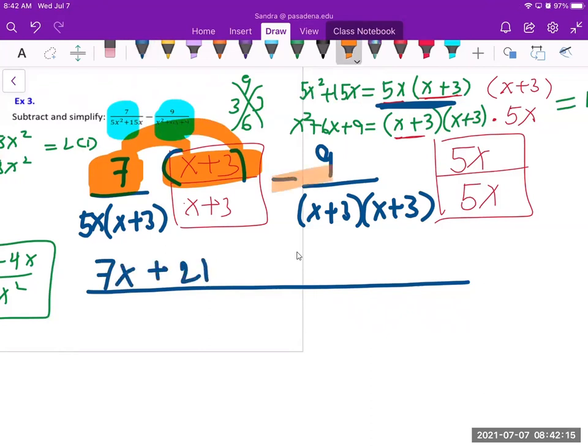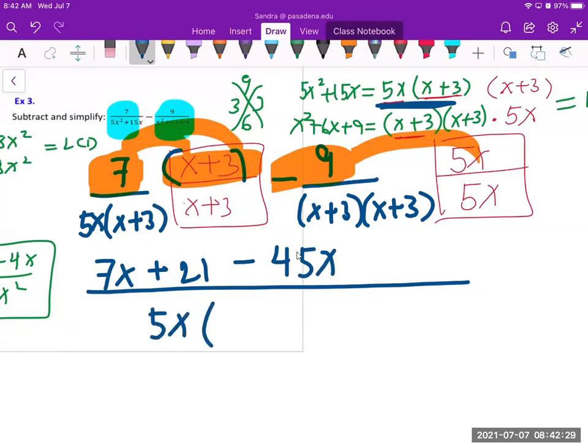When I multiply this one, I have to consider that negative. So it's a negative 9 times this 5x. That gives me a negative 45x. And then copy only one of the denominators: 5x times x plus 3 times x plus 3. Okay, I'm going to combine the numerator.